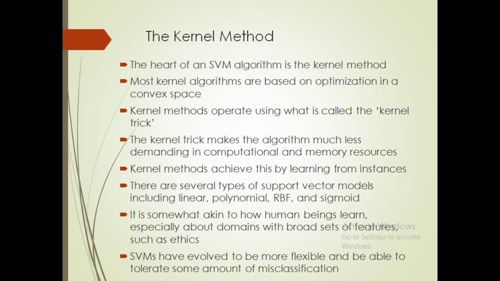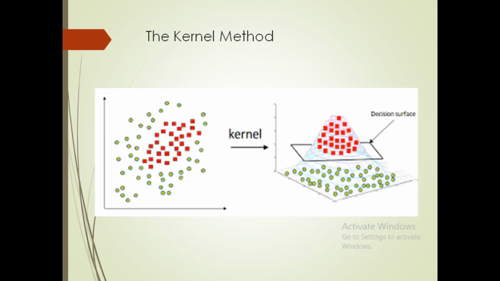Another important attribute of SVM is that SVMs have evolved to be more flexible and able to tolerate some amount of misclassification. Whatever SVMs we have, there will be some kind of misclassification problem. Now let us assume this is the data set given to us. Here I cannot draw a single line.